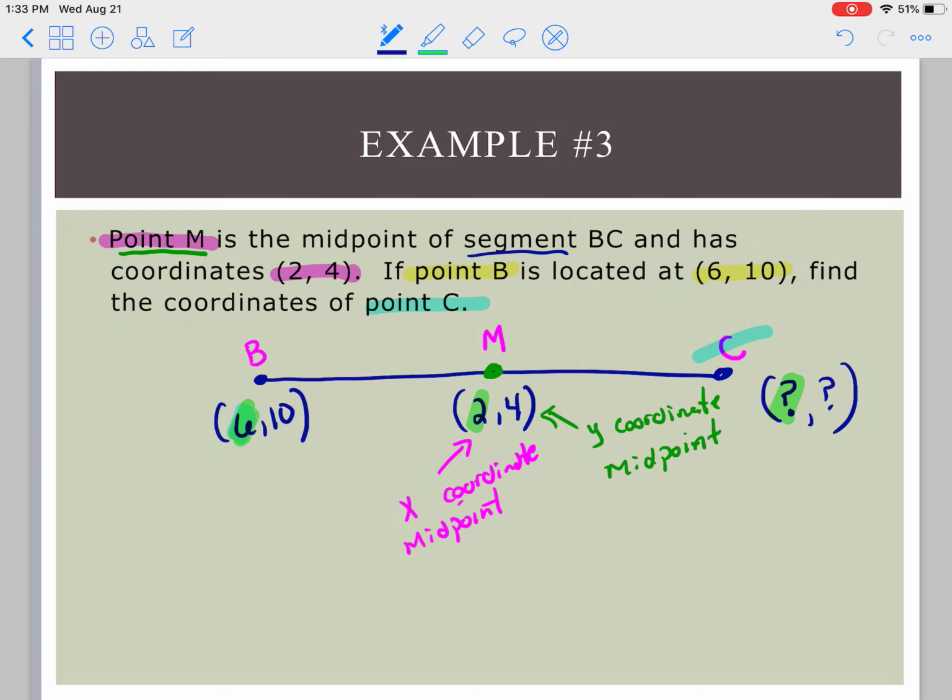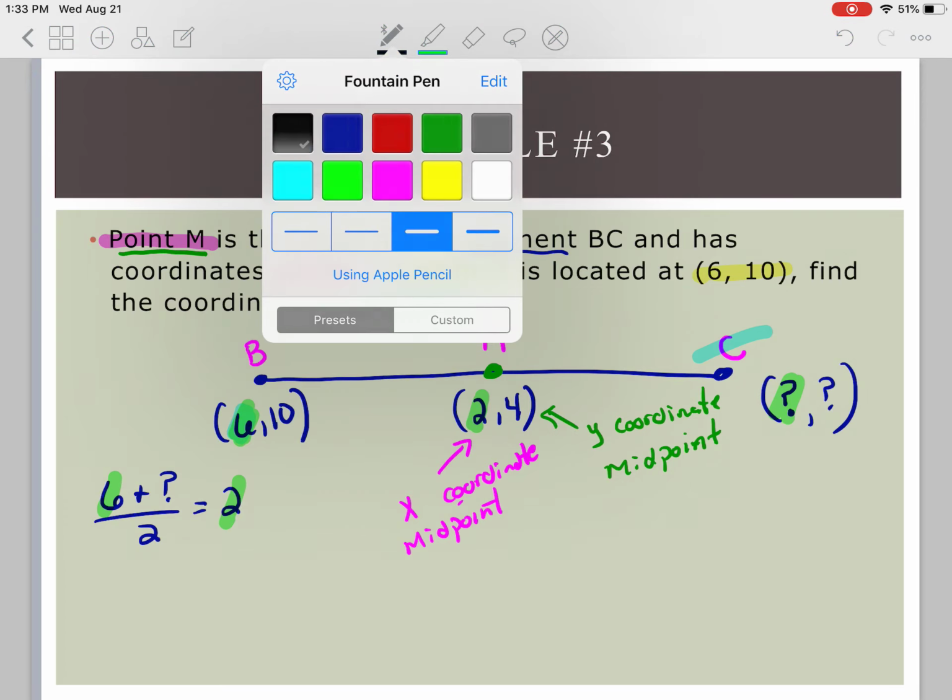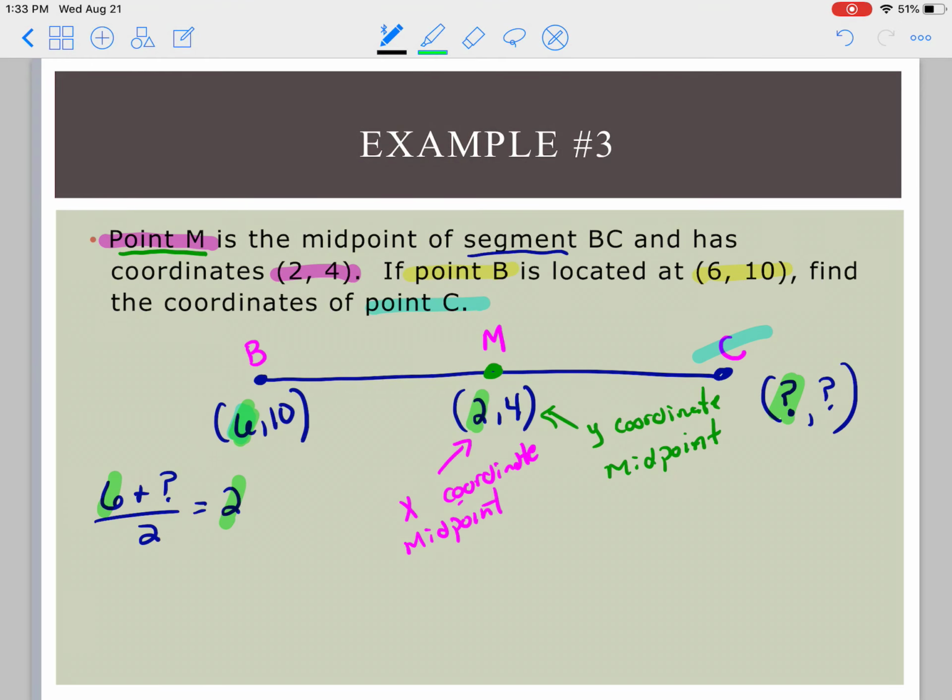So this is what it's going to look like. 6 plus some unknown value divided by 2 has to equal 2. The 2 in the denominator is the 2 that is in the midpoint formula. So completing the math, I have 6 plus a question mark is equal to 4, and I get that 4 by multiplying by 2 on both sides.